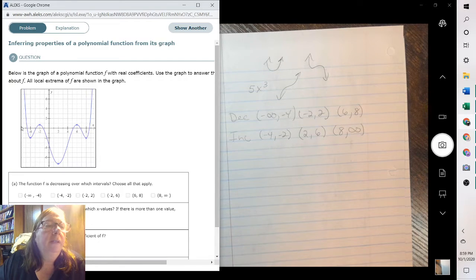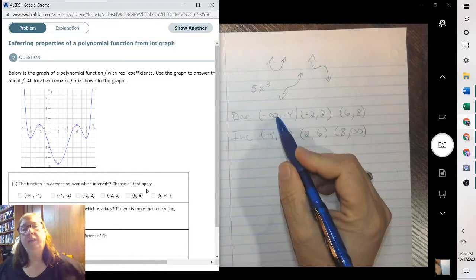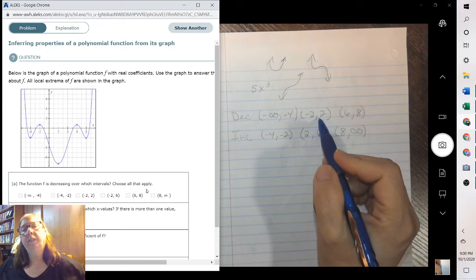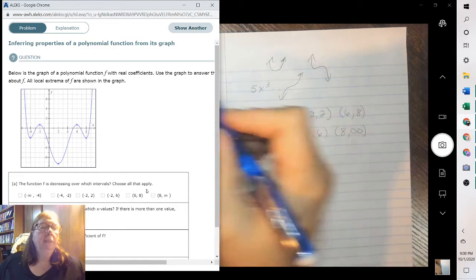So from here to here, it decreased, then it increased, then it decreased, then it's going up, then down, and then up again. On this one, you mark all that apply. So it would be negative infinity to negative 4, negative 2 to 2, and 6 to 8. You'd mark all three, because they wanted decreasing.